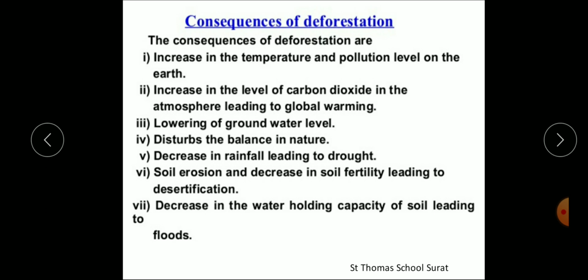Then what happens? Soil erosion and decrease in soil fertility, which lead to desertification. Yes or no? See, roots of trees bind the soil particles together. So due to deforestation, what happens? Soil erosion can take place due to wind and moving water. So loss of topsoil will reduce what?